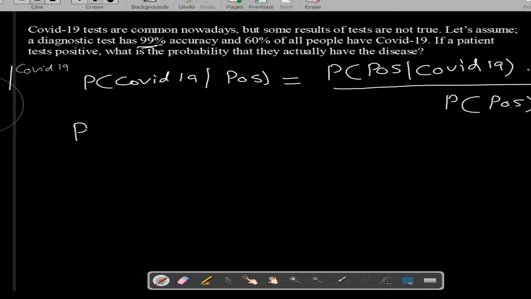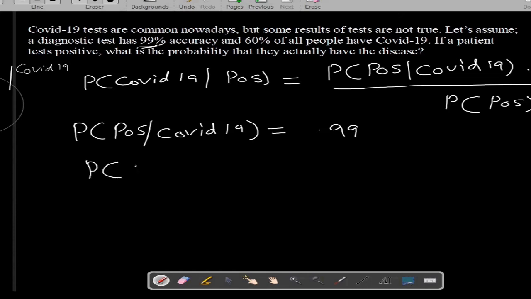The probability of positive test given COVID-19 equals 0.99, since it is given that the test has 99% accuracy. Now the probability that a patient has COVID-19 is given to be 60%, that is 0.6.